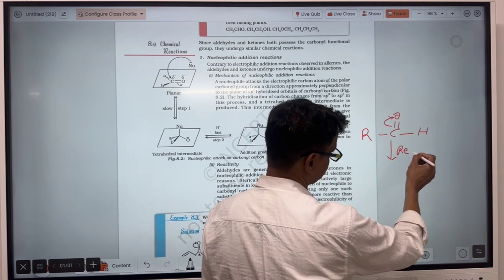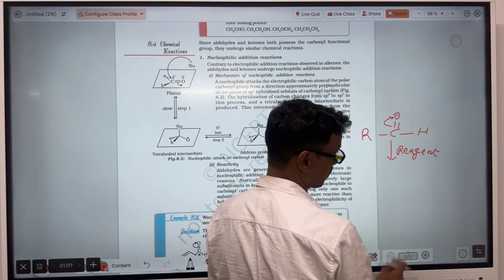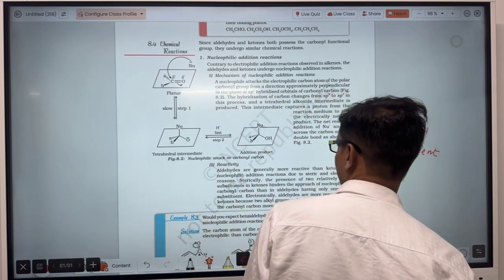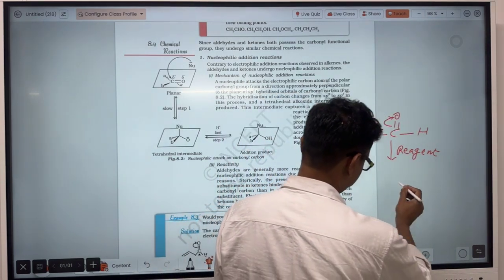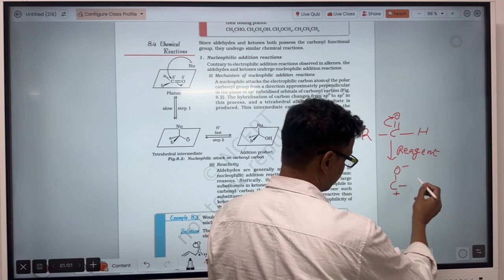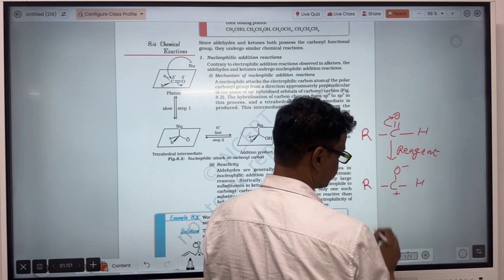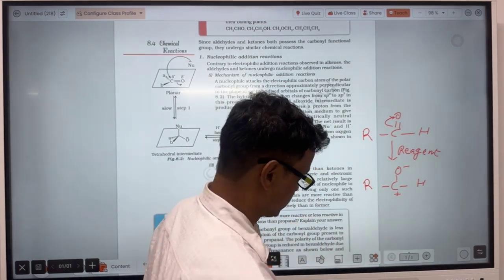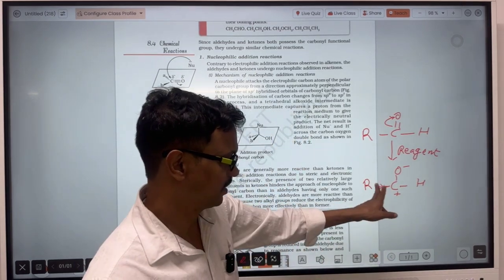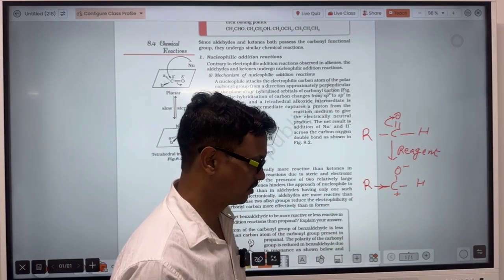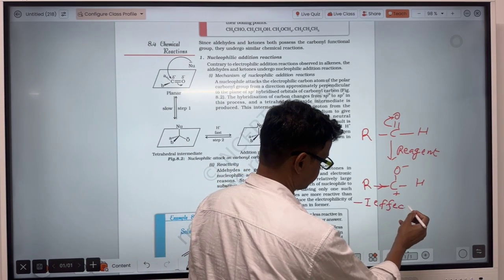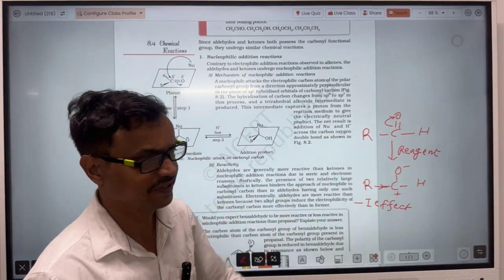In the presence of a reagent, this oxygen attracts the pi electron towards itself, and there will be development of a partial negative charge on the oxygen and a positive charge on the carbon, with the hydrogen and the alkyl group here. Then this alkyl group donates its electron to the acyclic carbon atom by the plus I effect. That is in the case of aldehyde.